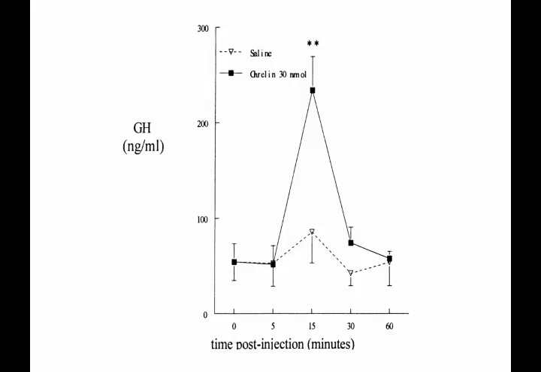So it's a hunger signal. It tells your body to eat when you're hungry, when you need food. It sort of says eat and also make growth hormone, because when we want to have people growing is when they're eating, right? So that's sort of an interesting phenomenon.